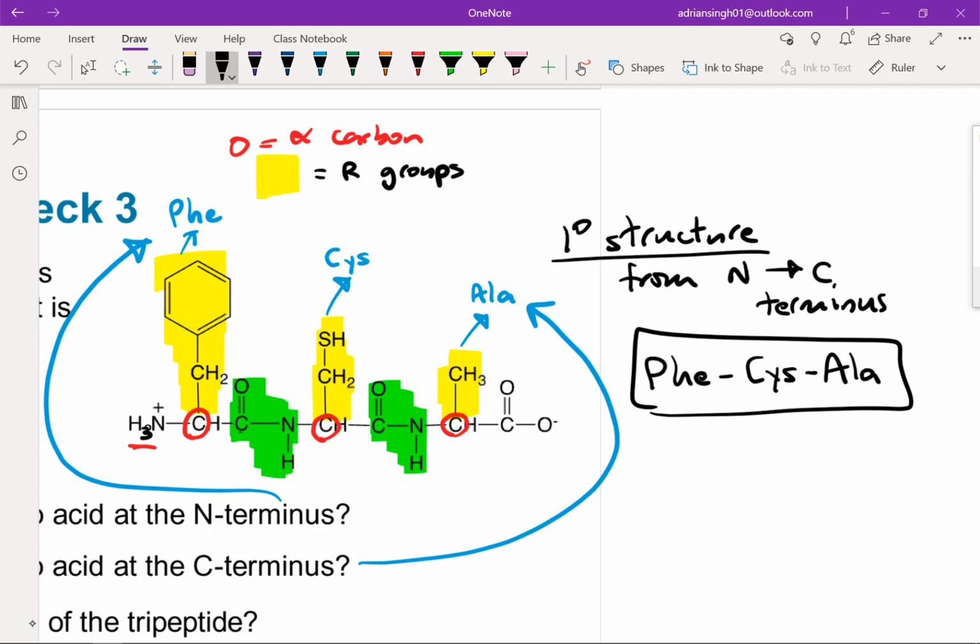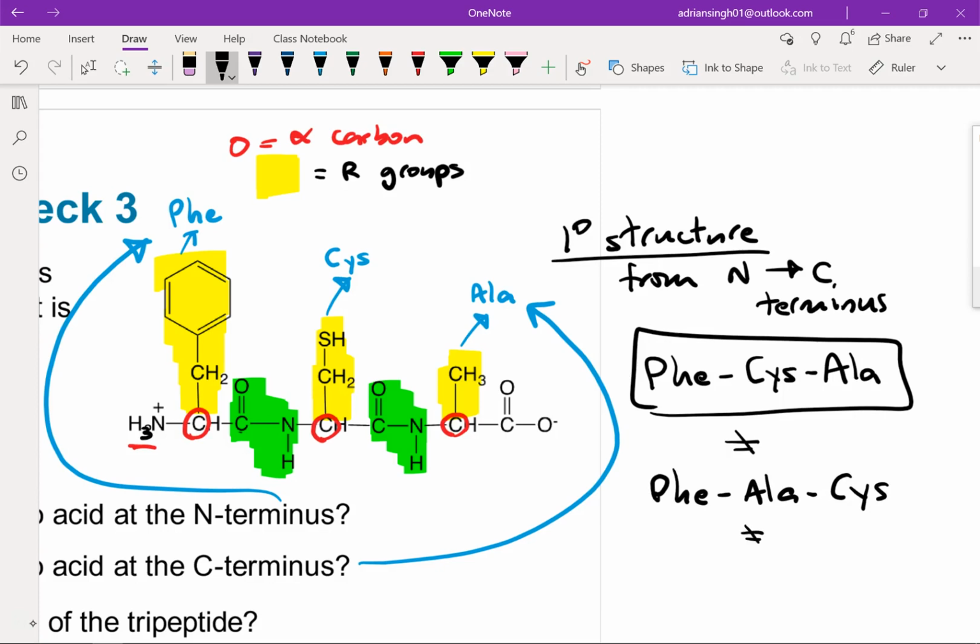And that's essential when it comes to primary structure, because if you change that order, you change what that peptide is. The order makes a huge difference. What I mean by that is phenylalanine, cysteine, alanine is not equal to phenylalanine, alanine, cysteine.